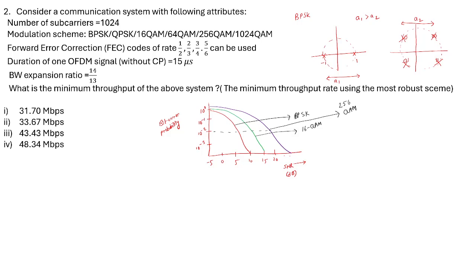So in the question asked, what is the minimum throughput of the above system? Minimum throughput we have already understood from this curve: the modulation scheme is going to be BPSK only. Now it comes to the forward error correction code. For that I draw the following plot here, again an arbitrary plot, so please don't get into the values, rather if you understand the concepts, that's good enough.